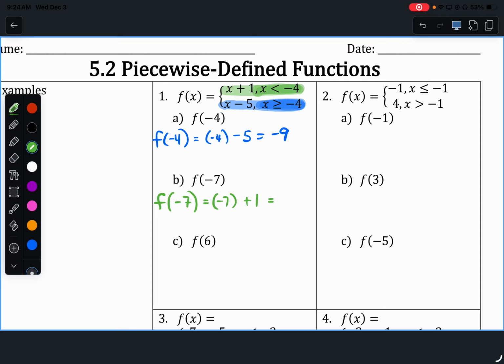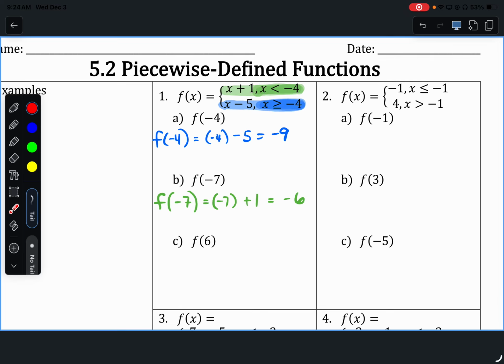Okay. Now we have negative 4. Is negative 4 less than or equal to negative 3? Yes, it is less than. So f of negative 4 is equal to 1. Oh, they're not all equal to 1.